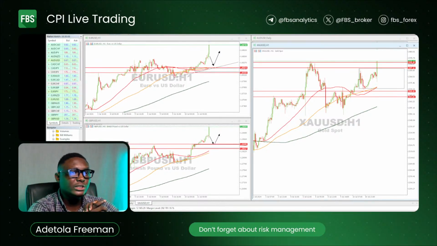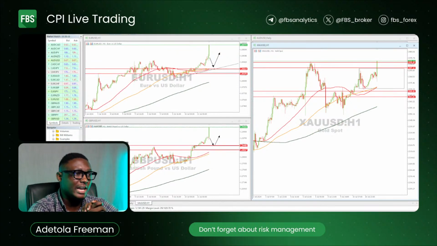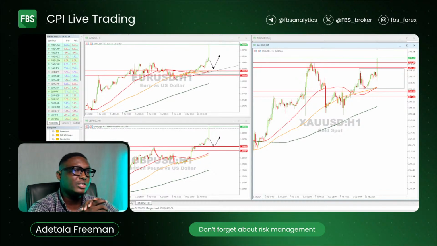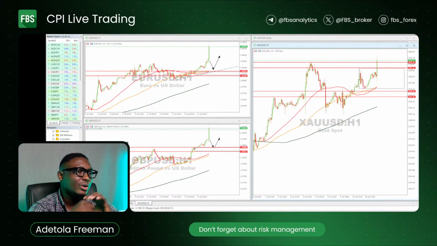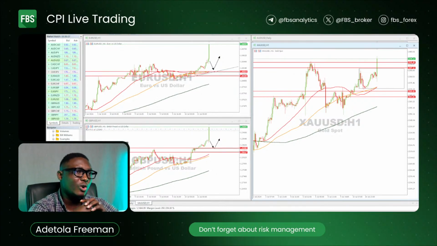Fantastic. Gold buy stop activated, buy TP hit. So if you placed your buy stop on gold, you should be smiling right now. Remember I said that my sentiment is that these commodities are going to go bullish, because I saw the possibility of the dollar becoming weaker.